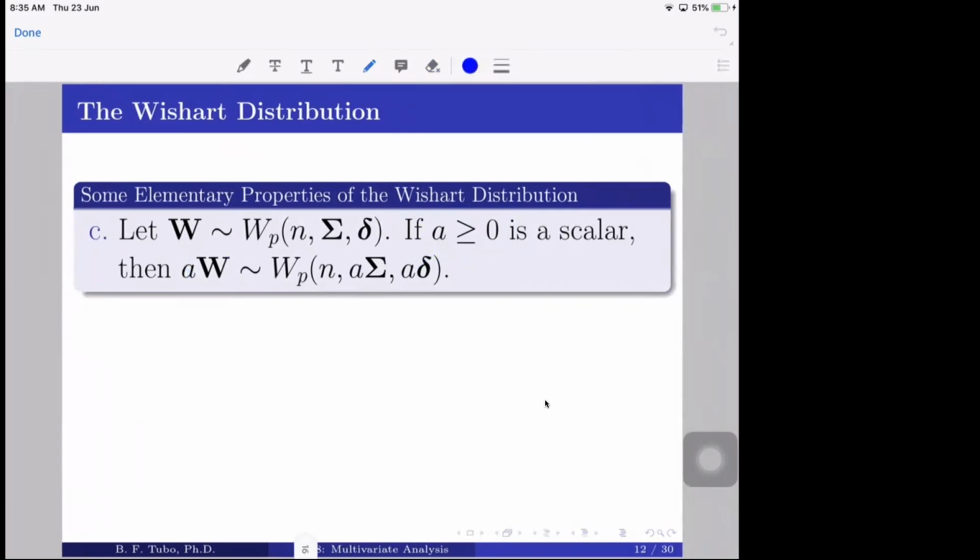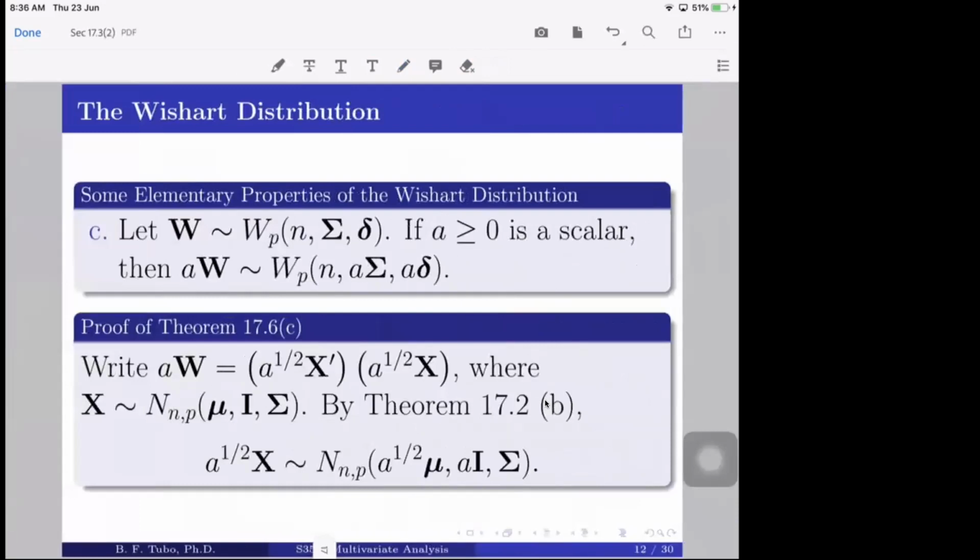Okay, so we still have this assumption that it is Wishart distributed, and then we do a transformation on a Wishart distribution and look what happens to the parameters after pre-multiplying it by a scalar A. The degrees of freedom is retained. Sigma will be pre-multiplied by A as well as mu prime mu, or delta will be pre-multiplied by A. So that is what is happening when you pre-multiply it by a scalar.